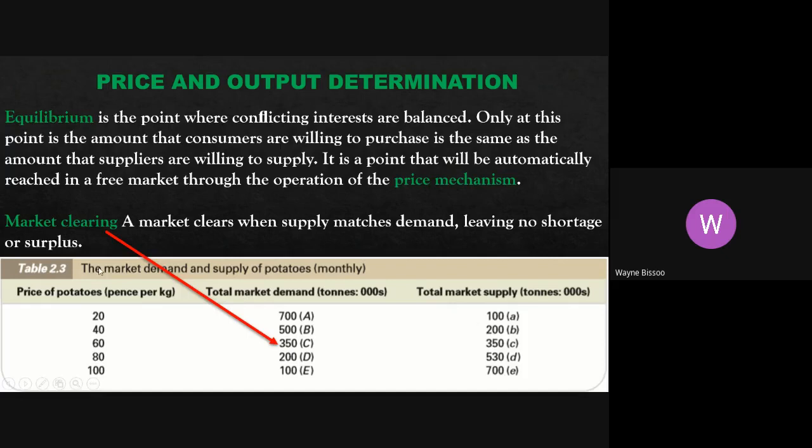And that equilibrium position is a position where the quantities demanded will be equal to the quantities supplied. And you see that happens at price 60 here. At 60, we have the quantities demanded being the same as the quantities supplied.